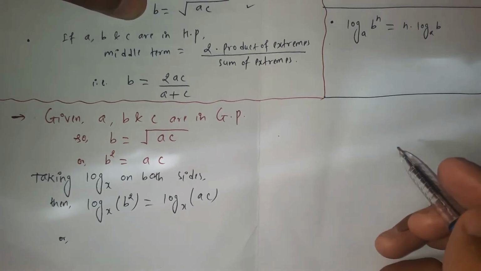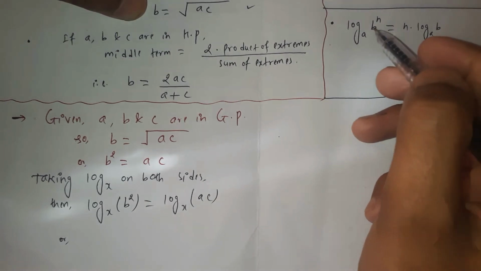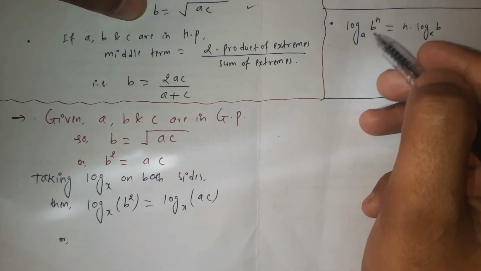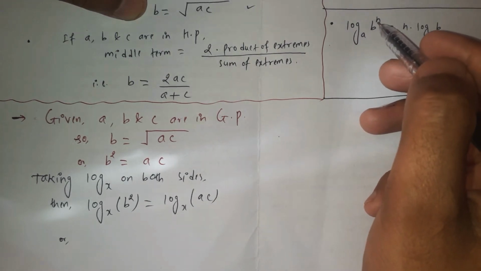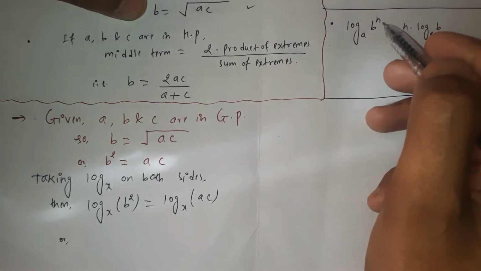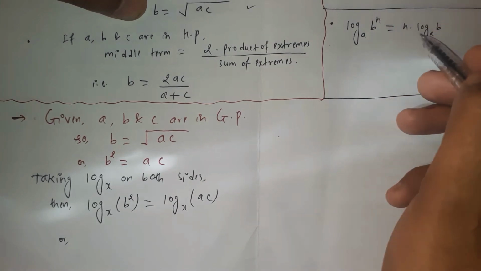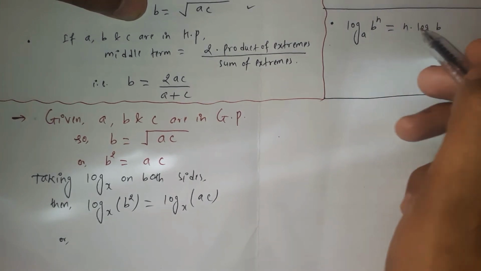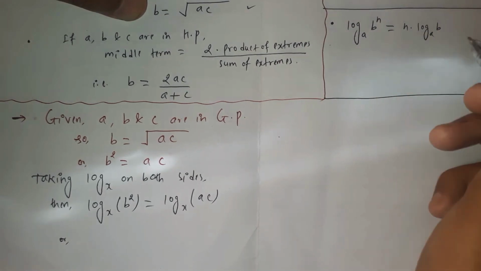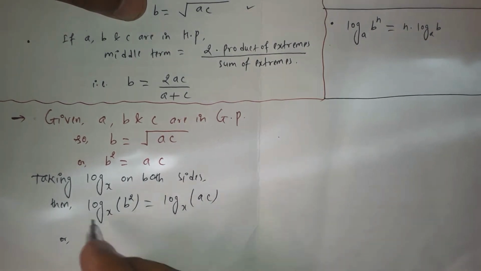Please remember this very important formula. It is one very important property of the logarithm. For the logarithm of any number with any base, where the argument is raised to some power, we can bring that power of the argument in front, and this will be the formula. Please remember this formula. We can apply this formula on the left hand side of these equations.